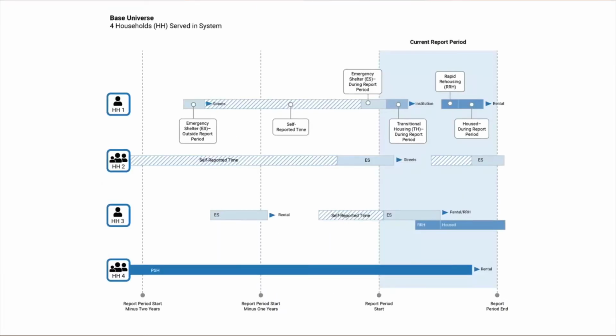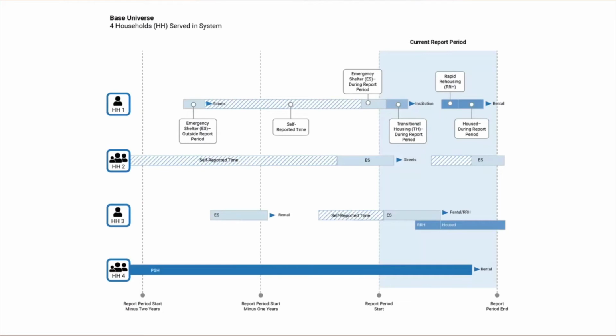The first graphic represents some of the variety of household interactions with the homeless system that are included in Stella P, representing households that were served in the homeless system during the report period in HMIS participating projects.